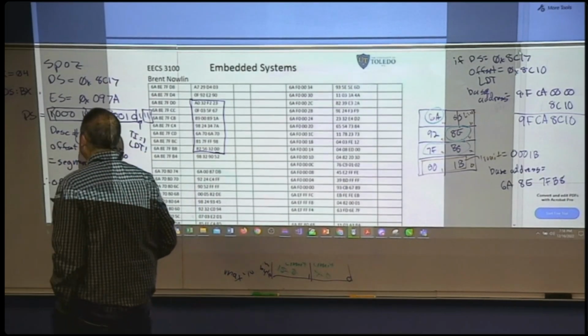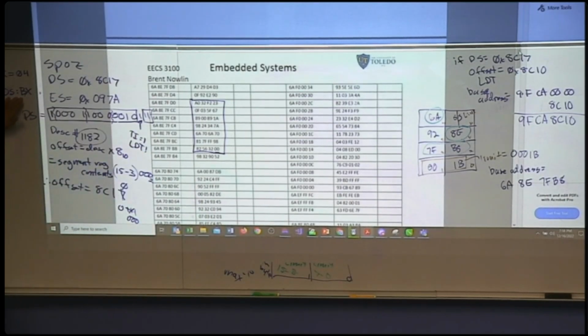Okay, so this is a move, guys. This is the source. This identifies where the data is that we want to copy from. This is segment register, offset register. It's not a concatenation.